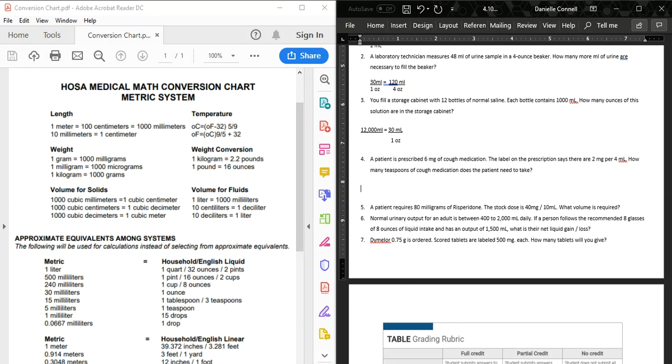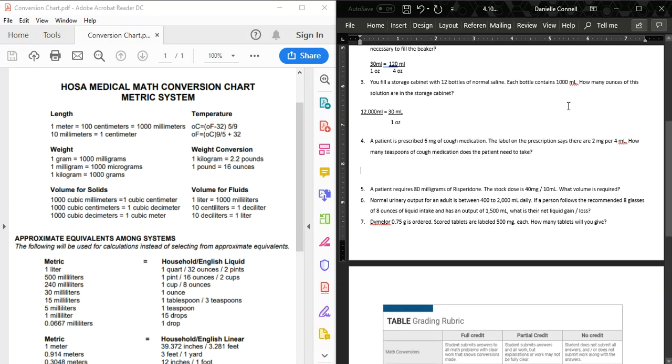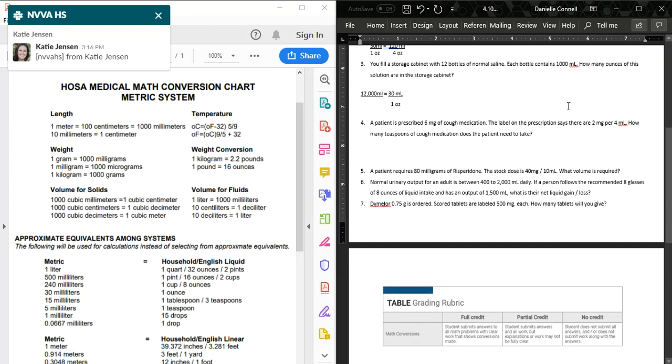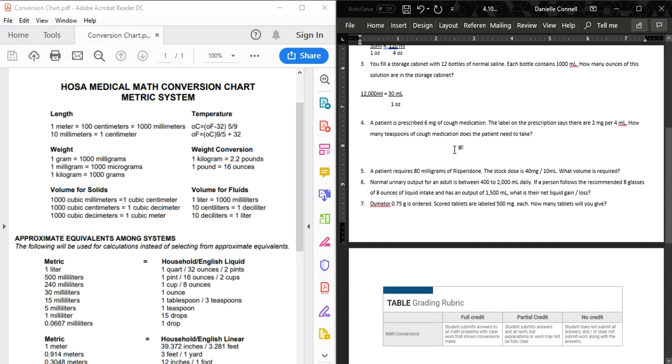Number 4, a patient is prescribed 6 milligrams of cough medication. The label on the prescription says there are 2 milligrams per 4 milliliters. How many teaspoons of cough medication does the patient need to take? So again, we're going to use what we know, 2 milligrams per 4 milliliters.